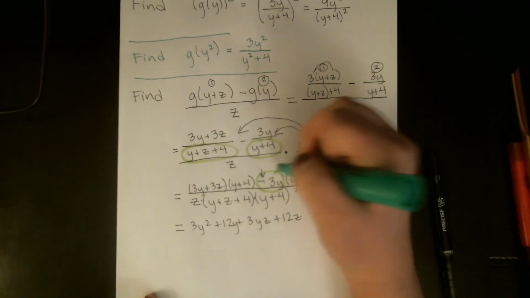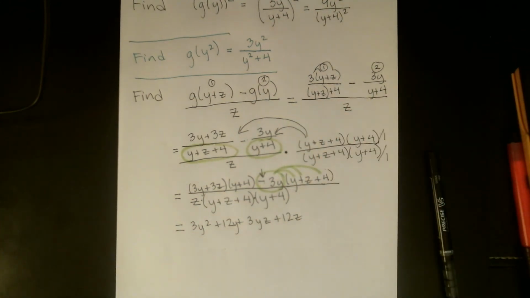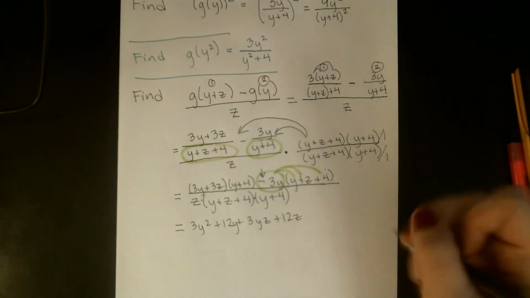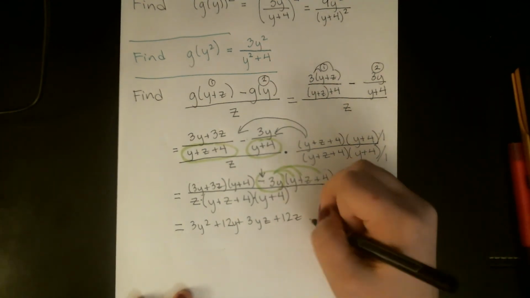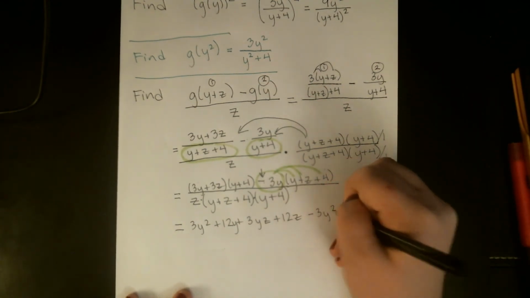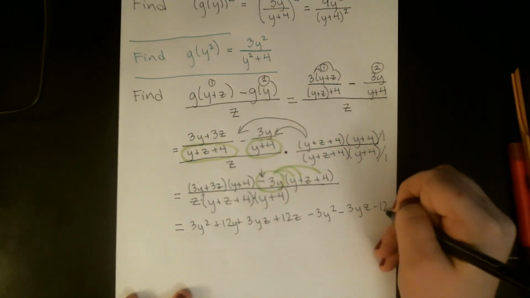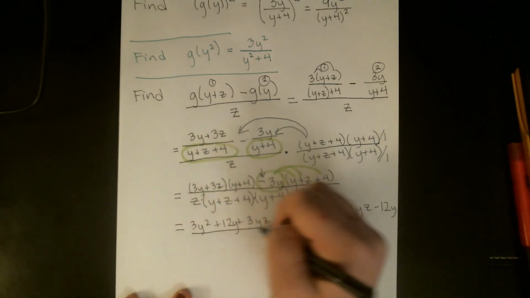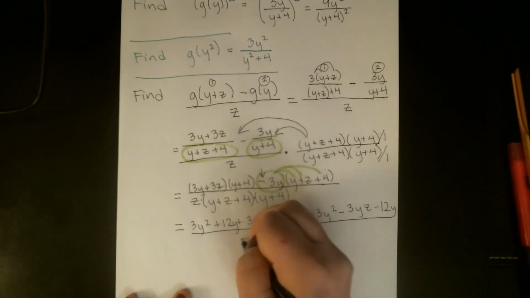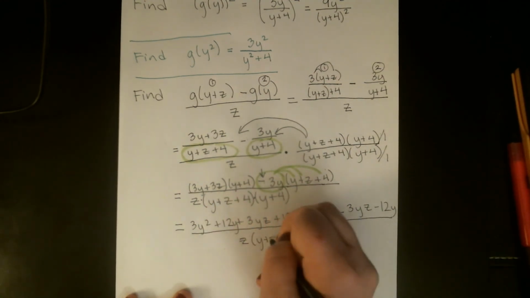So we're going to pick up the negative 3y and we're going to distribute it to the y, the z, and the 4, which means we'll get a negative 3y squared, a negative 3yz, and a negative 12y. Barely fit that in. Over a big mess in the bottom.